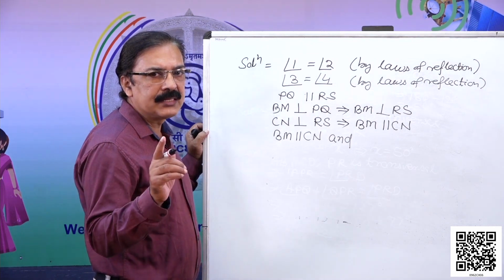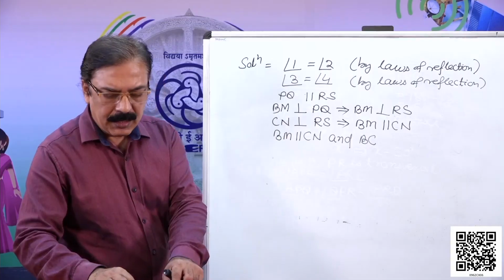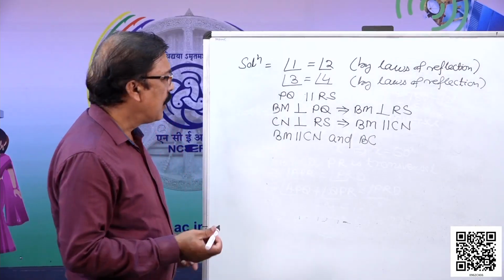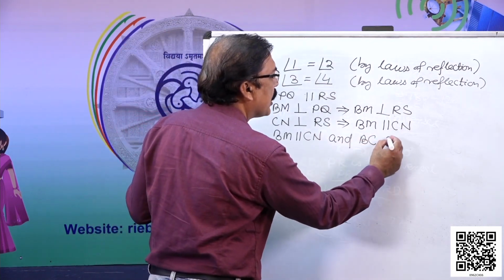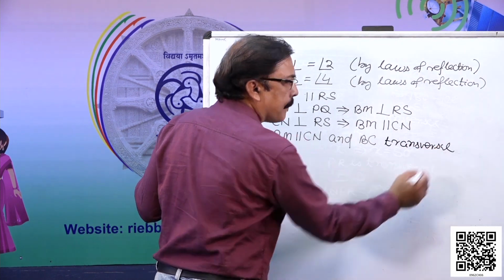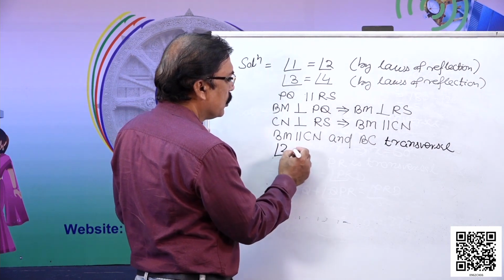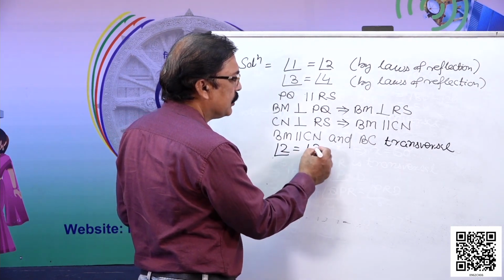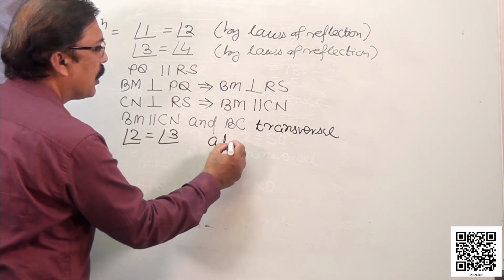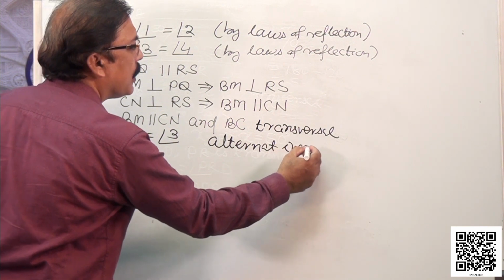The transversal is BC. If BC is the transversal, this shows that angle 2 is equal to angle 3. This is alternate interior angle.